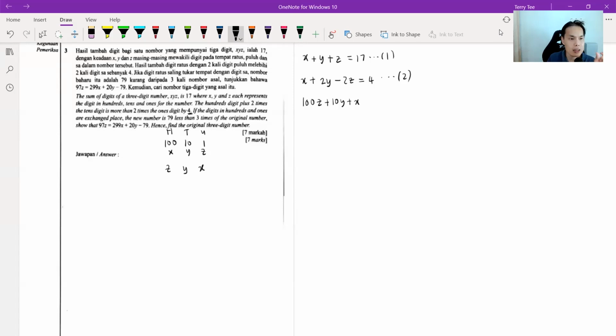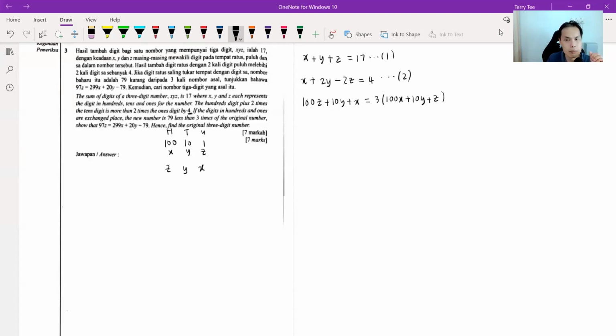The new number is 79 less than 3 times the original number. So it's smaller. My original number will be 100x plus 10y plus z. This is 3 times the original number.